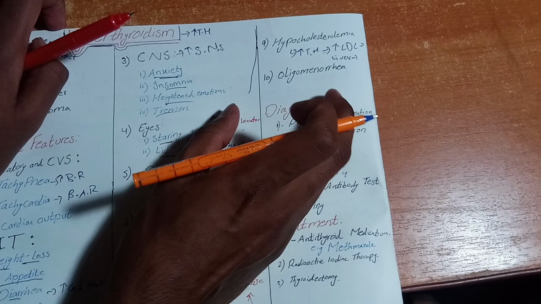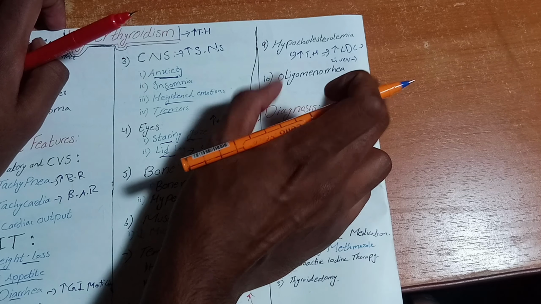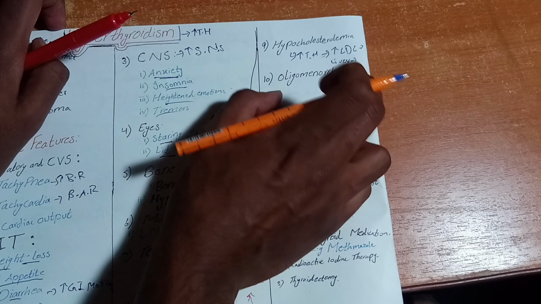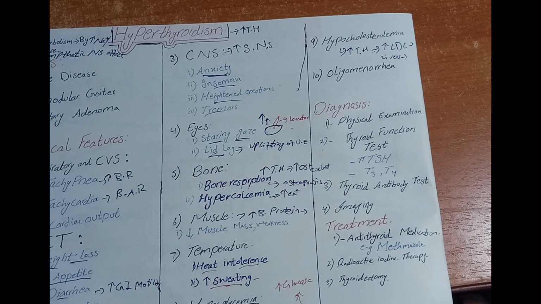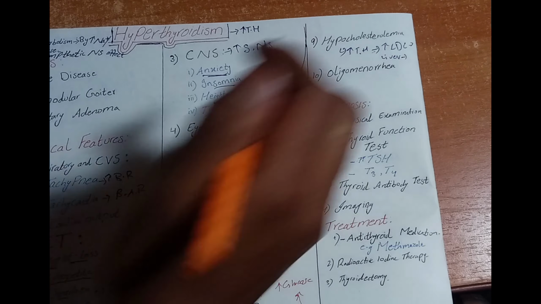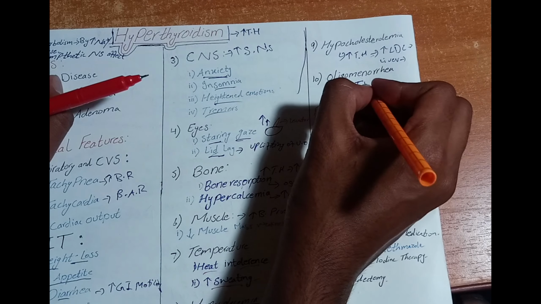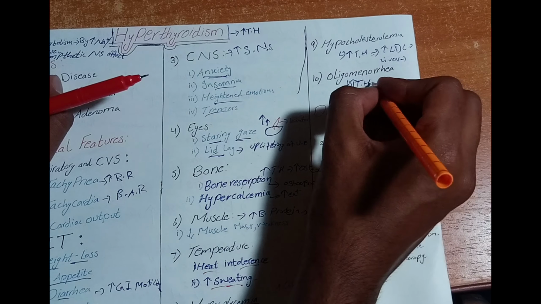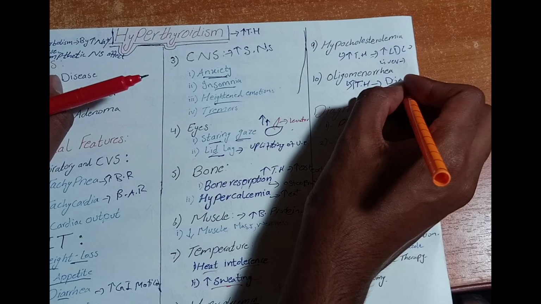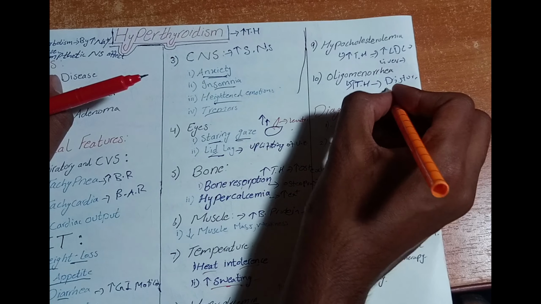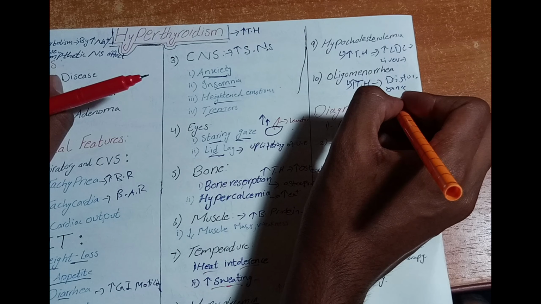Okay, and with that, a female patient also presents with oligomenorrhea. Oligomenorrhea is a condition in which infrequent menstruation occurs in females. It occurs because an increase in thyroid hormone leads to disturbance in other hormone levels.